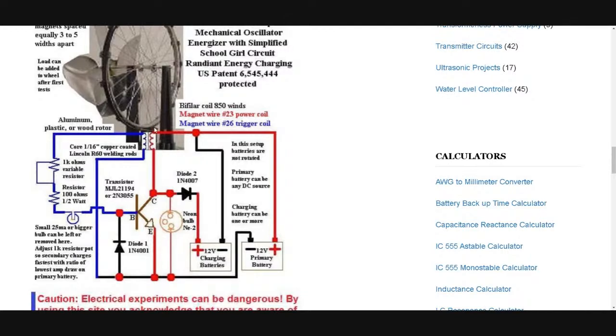In reality, the magnet on this rotor, this wheel, is supposed to trigger this blue coil, the trigger winding, to then smack the base of the transistor and close the collector and the emitter, close the switch, and allow current to flow from the positive of the charge battery through the drive coil to the negative of the charge battery. That's how you charge up the coil.